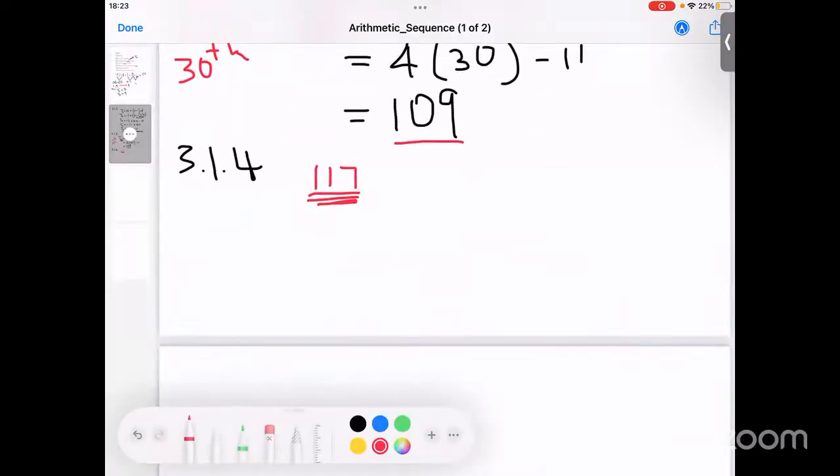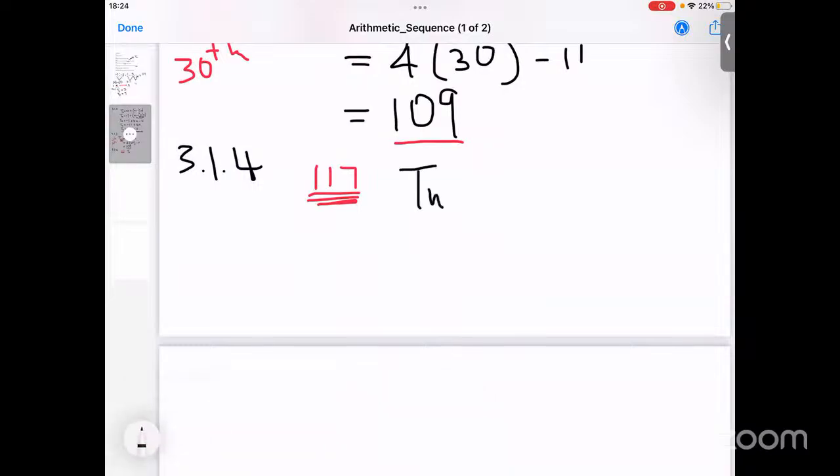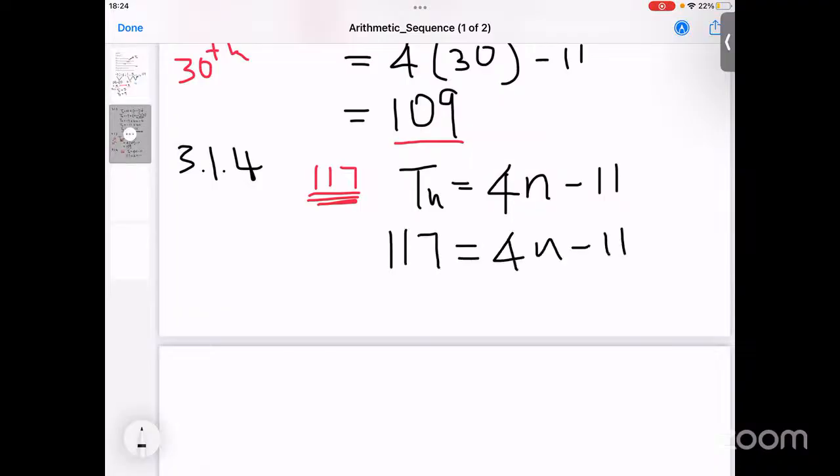So using that same formula, which says Tn equals, because already it is simplified, you no longer need to rewrite it as the original formula, but you just always continue with this one, because even if you start with the original formula, you will come back to this simplified formula, whereby now you will say 117 equals 4n minus 11. Take this 11 to the other side. Let's see what you get. 117 plus 11 gives you 128.